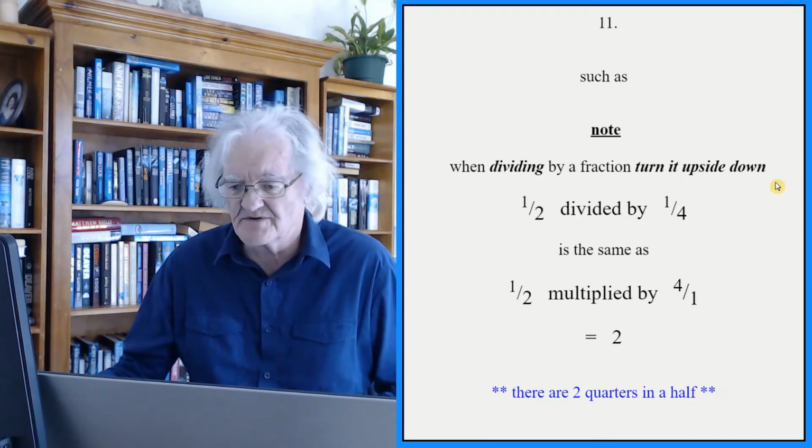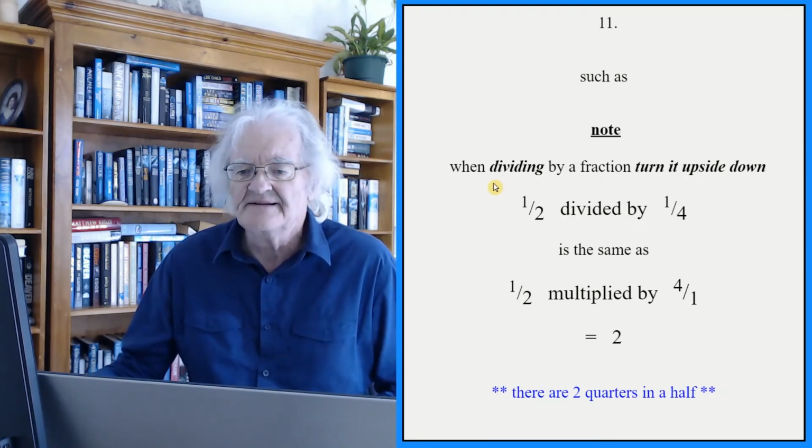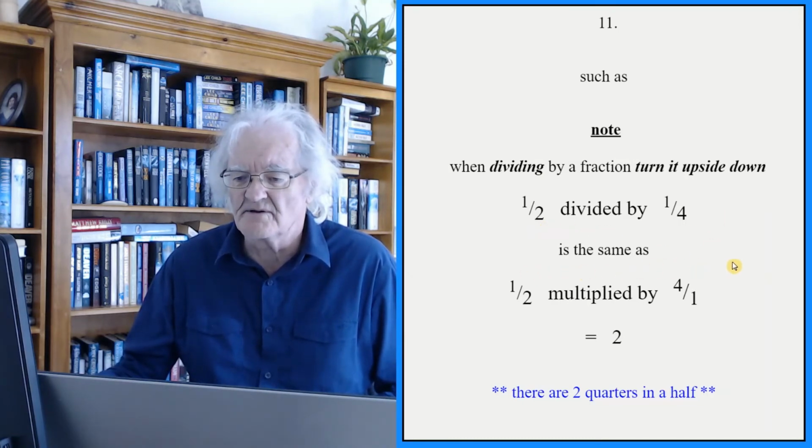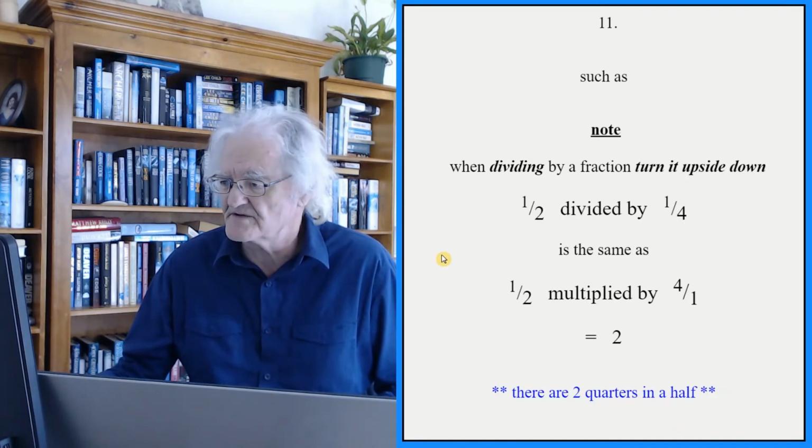There's the statement of what you should have done. Now include an example. A half divided by a quarter is the same as a half multiplied by 4, giving a result of 2. There are 2 quarters in a half. Now that summary of what you got wrong on a test becomes a valuable resource.